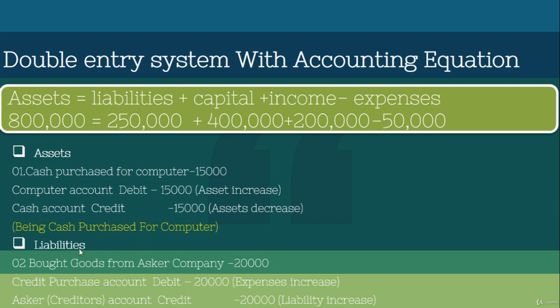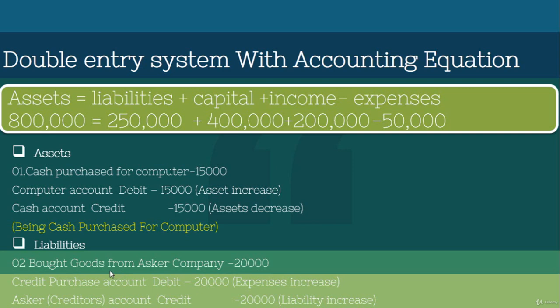The second one is liabilities. The transaction is goods bought from Asker company. Asker company is a creditor; if a transaction mentions a name, it means a creditor or debtor. Our creditors increase, which means liabilities increase.